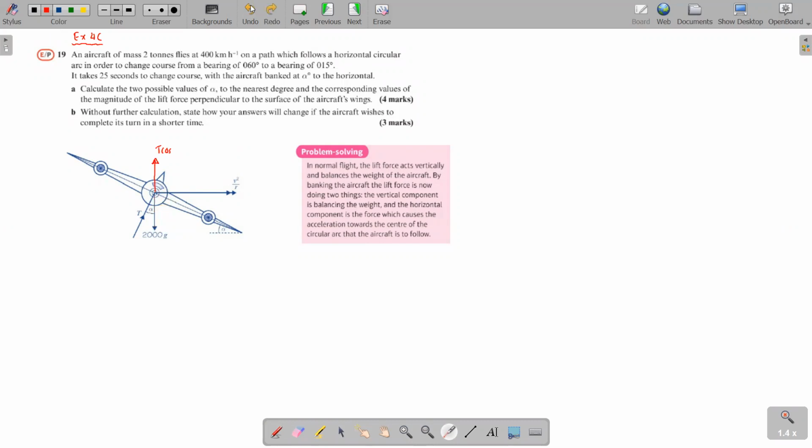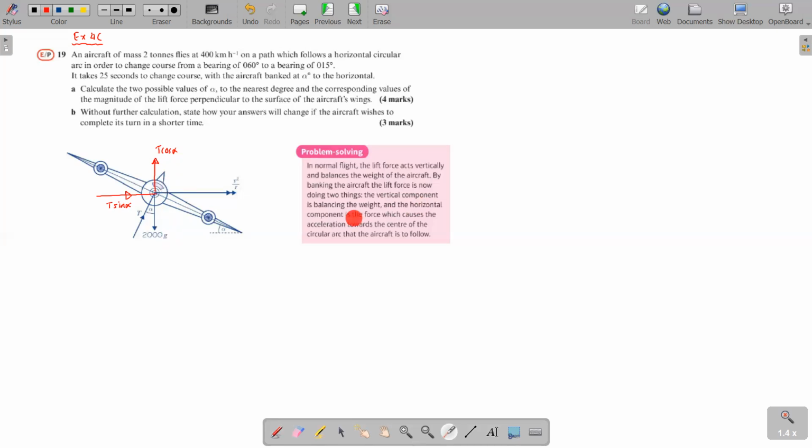I'll mark it up here. T cos alpha acts upwards, and T sine alpha is acting like this, right? This is T sine alpha. So T cos alpha is now what balances the weight.